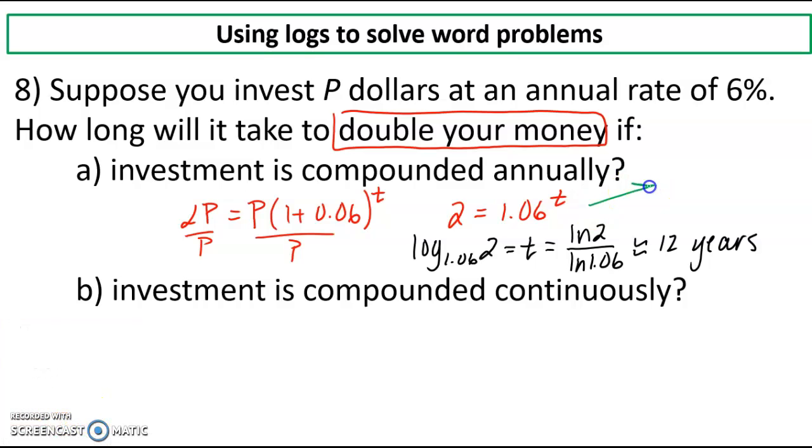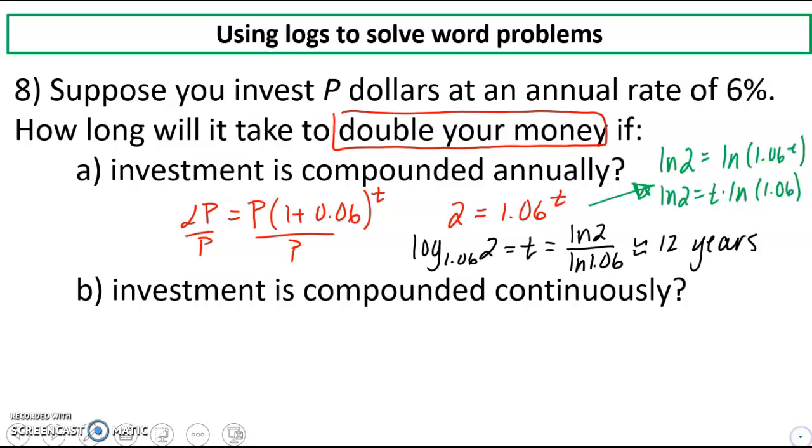Or if I wanted to, now taking the log of both sides, I could also use the natural log of both sides. It does not matter, because we've shown again and again that change of base to natural log or common log gives us the same answer. So I can bring my exponent out front.